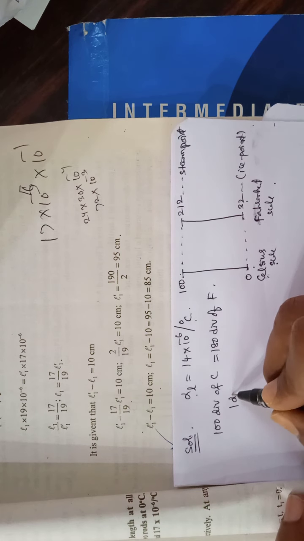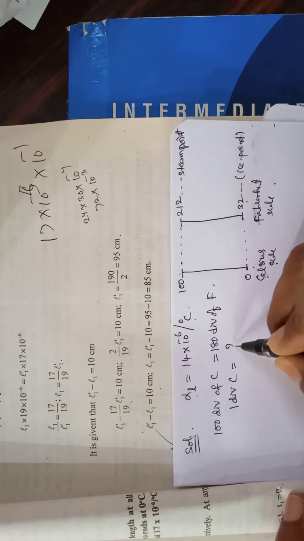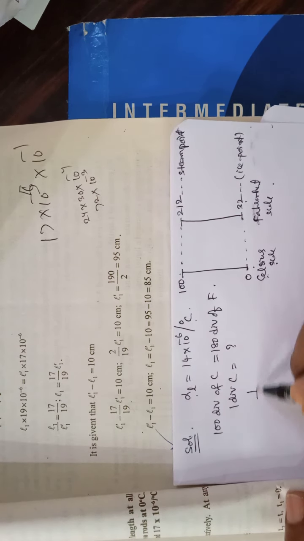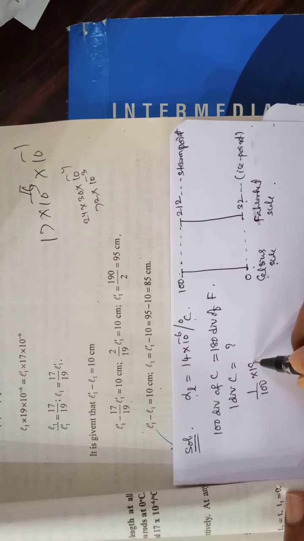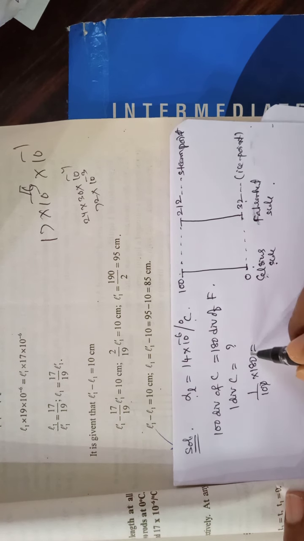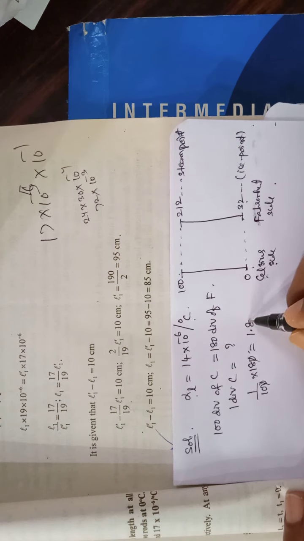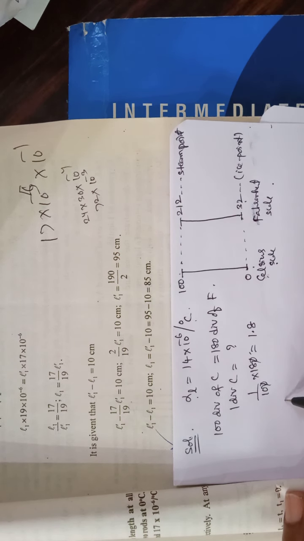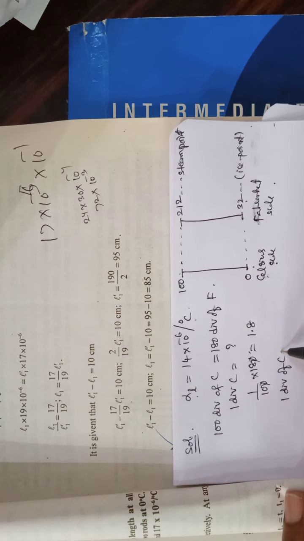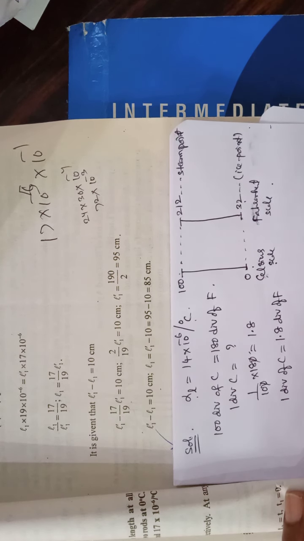So 1 division of Celsius is equal to how much? 1 by 100 into 180, that is 1.8. So 1 division of C is equal to 1.8 division of F.